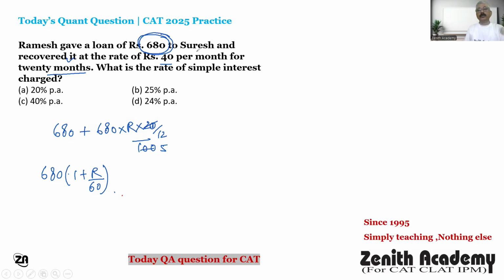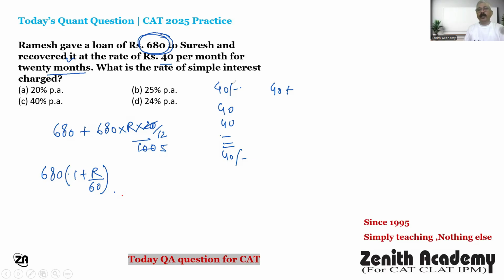Now look, what is Suresh doing? Suresh is giving 40 rupees every month for 20 months continuously. This 40 rupees will be with Ramesh for the next months and will generate simple interest, and this amount will be with Ramesh.